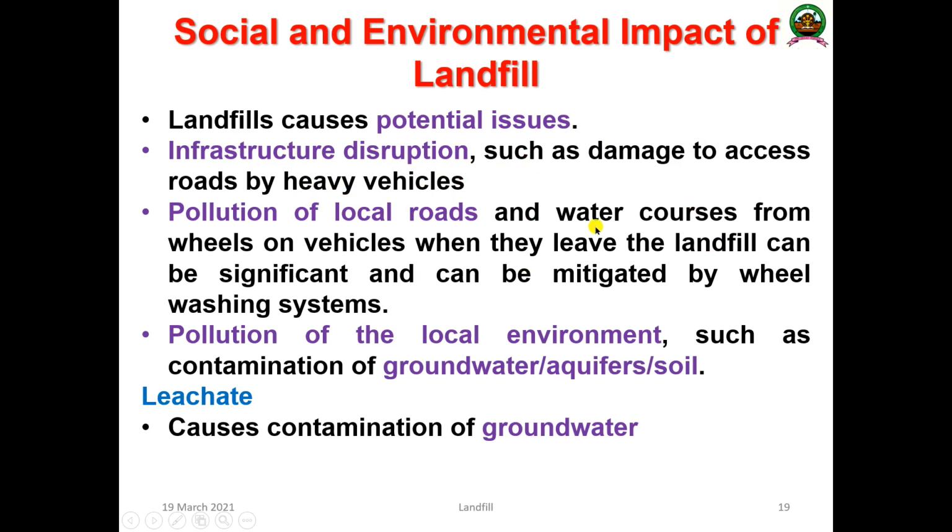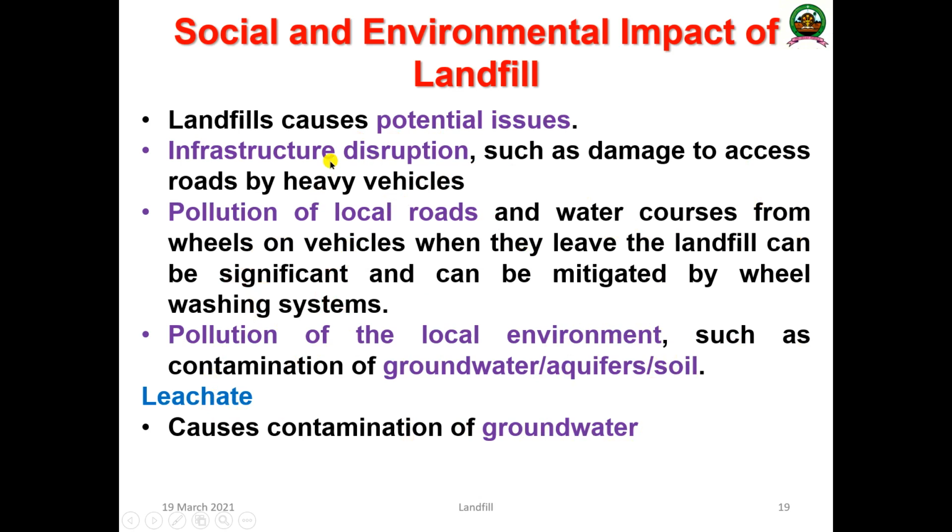Then there is pollution on local roads and water bodies, obtained from the waste material, which causes a lot of problems to the vehicles and their wheeling systems. And there is pollution of the local environment, such as contamination of surface water, groundwater, aquifers or soil, which will be a potential problem.